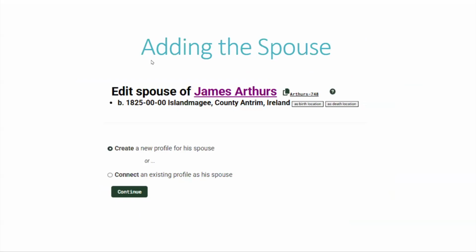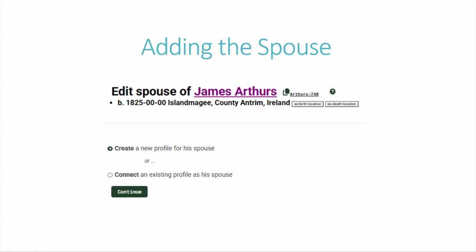So I'm saying that I'm adding the spouse, and then I can either create a new profile for his spouse, which is what I'm going to do, or if I knew for whatever reason that his spouse was already on WikiTree, I can then do connect to an existing profile, and it would ask me for the WikiTree ID of that profile, and I can add that person as the spouse of James Arthurs.